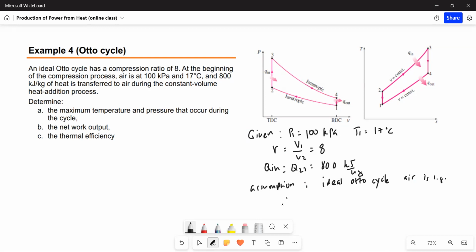And we can take Cp as just equal to 7 halves R. So this is for air. Cv is 5 halves R. And gamma, the ratio of Cp over Cv, is 1.4.